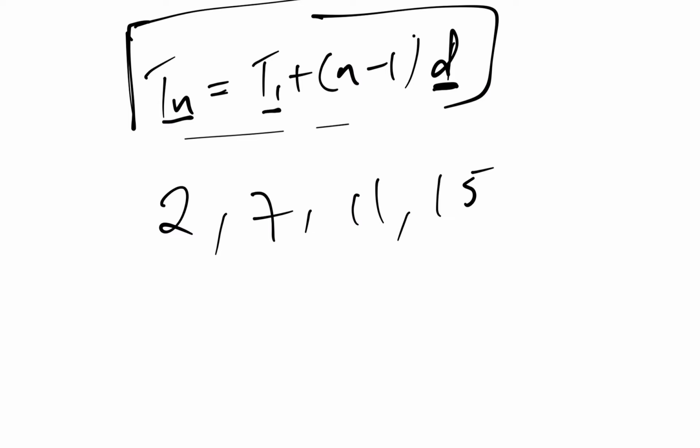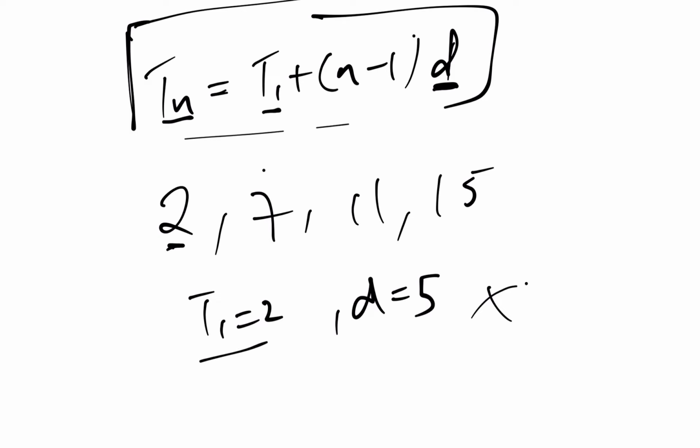For instance, if you thought this was an arithmetic sequence, you would say this is the first term, T1 is equal to 2, and then the common difference, you would say 7 minus 2, that's 5. D is equal to 5, which is not really correct.